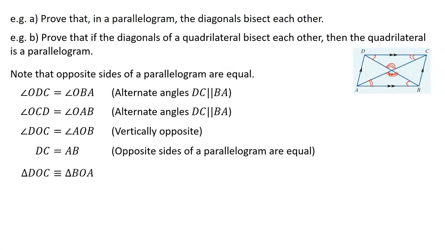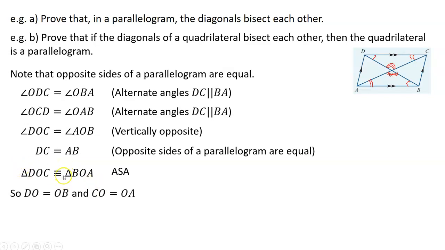And so triangle DOC is congruent to triangle BOA because of angle, side, angle. Notice my notation here, when I've got 3 letters, I must write whether I'm talking about an angle or a triangle.